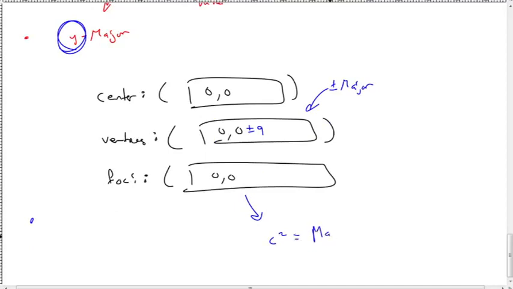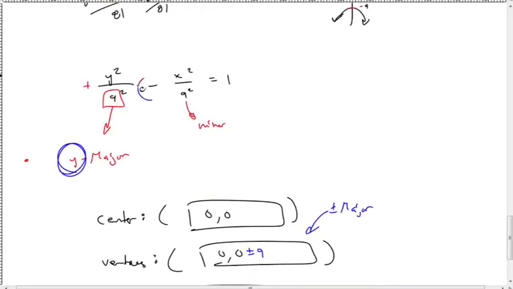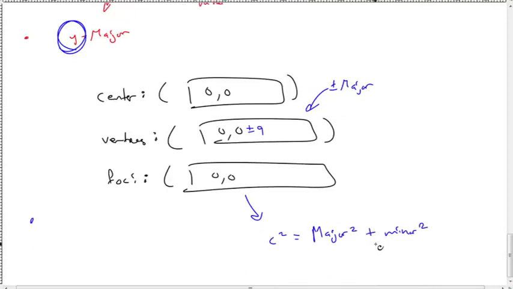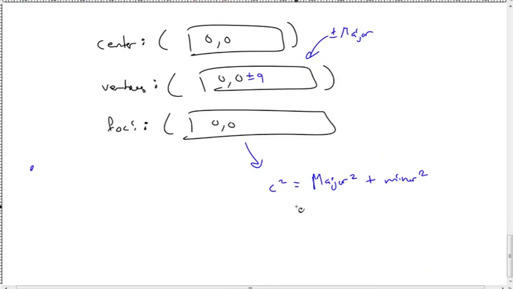It's major squared plus the minor squared. So this is a little different formula. The sign here is opposite of the sign between them. So if you had a plus sign, it would be an ellipse, and you put a minus sign right there. If you had a minus sign like here, then you got to put a plus sign right there. Okay, well, it's kind of funny because both of them are 9s, but, you know, that happens.